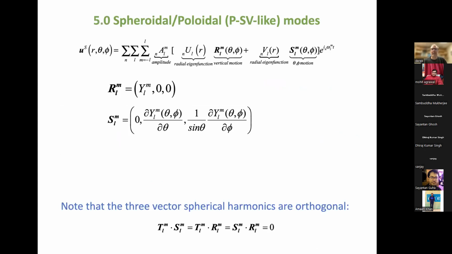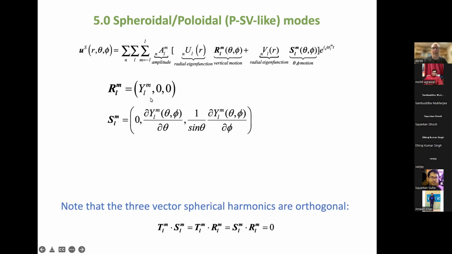In terms of spheroidal or poloidal modes, so PSV-like motion, it's a little more complicated. So we have the amplitude times one radial eigenfunction times a vertical motion, and another radial eigenfunction times theta and phi motion.